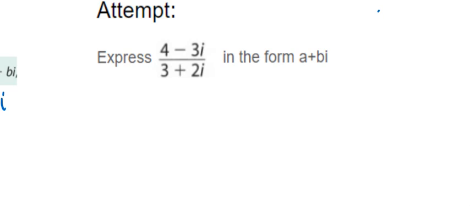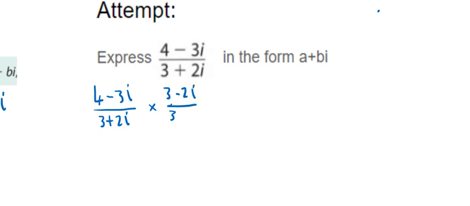So the conjugate of the bottom here would be where you change that plus into a minus, so it would be 3 minus 2i. So really what we're going to do is 4 minus 3i over 3 plus 2i multiplied by 3 minus 2i over 3 minus 2i.